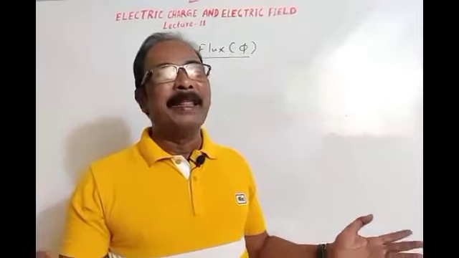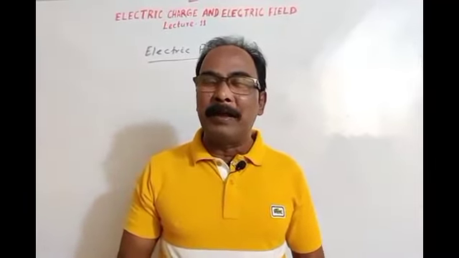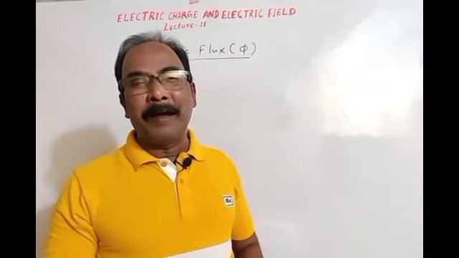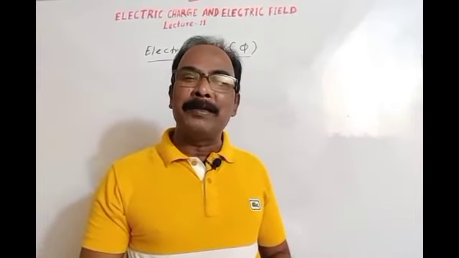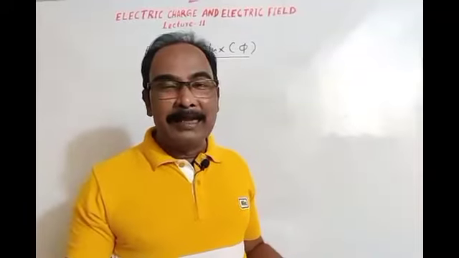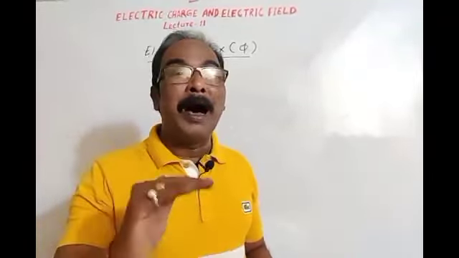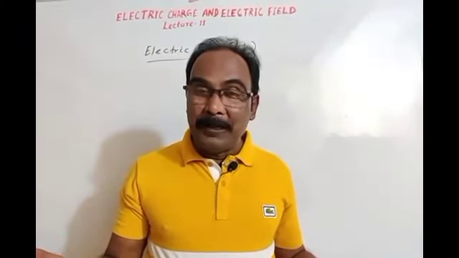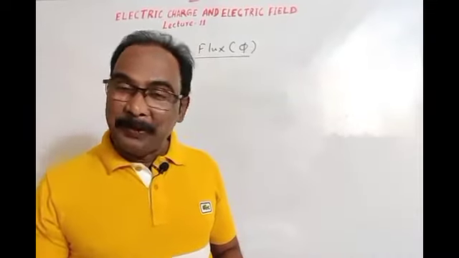Okay, so electric field lines, as we have discussed, this concept was given by the great scientist Michael Faraday. According to Michael Faraday, electric field lines are an imaginary graphical representation to visualize electric field. Electric field lines are the path followed by a unit positive charge, or locus of a test charge tending to move.